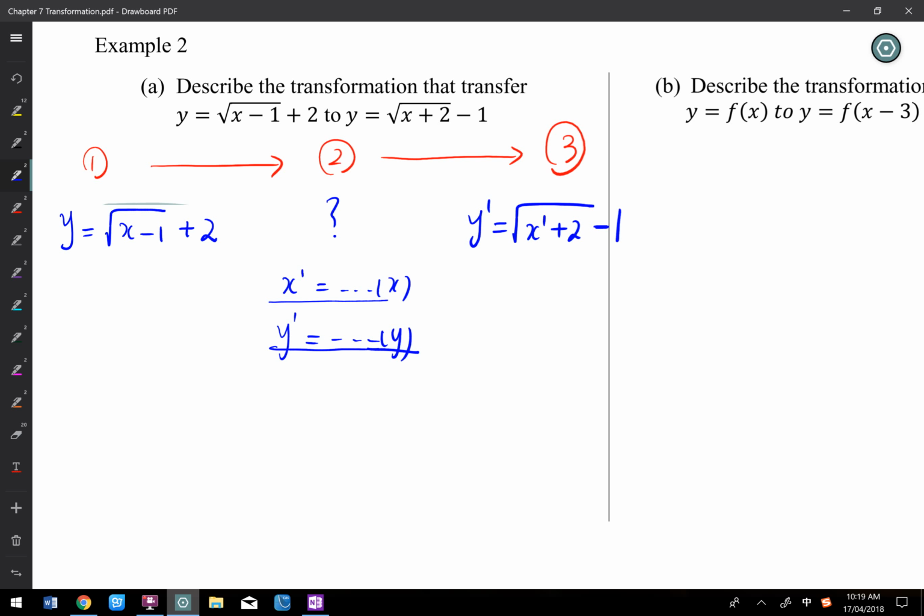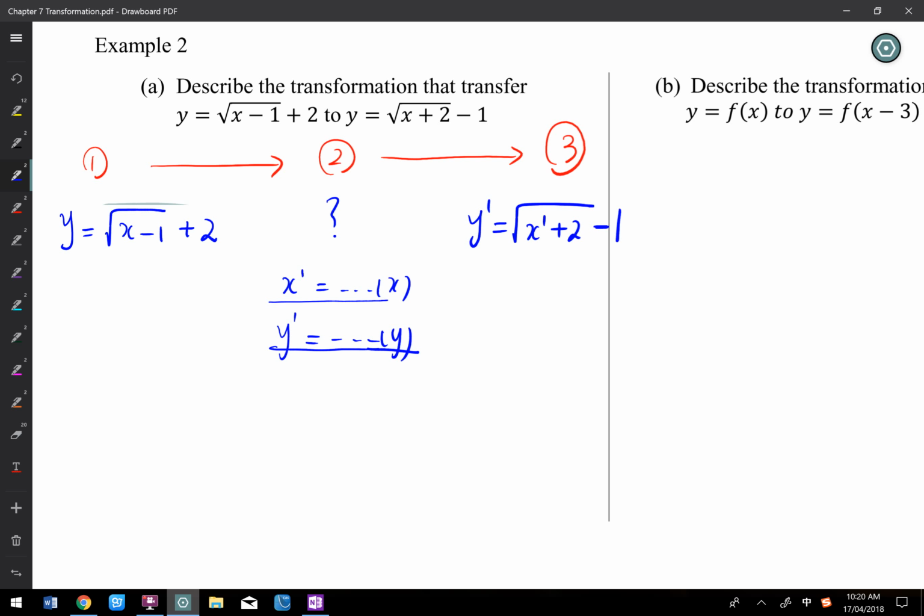So this is the most complex type, the hard type to understand. Those two functions, what type of function is that? What's the name of the function? Square root. If it's a square root function, I just want to leave the square root on the right hand side.